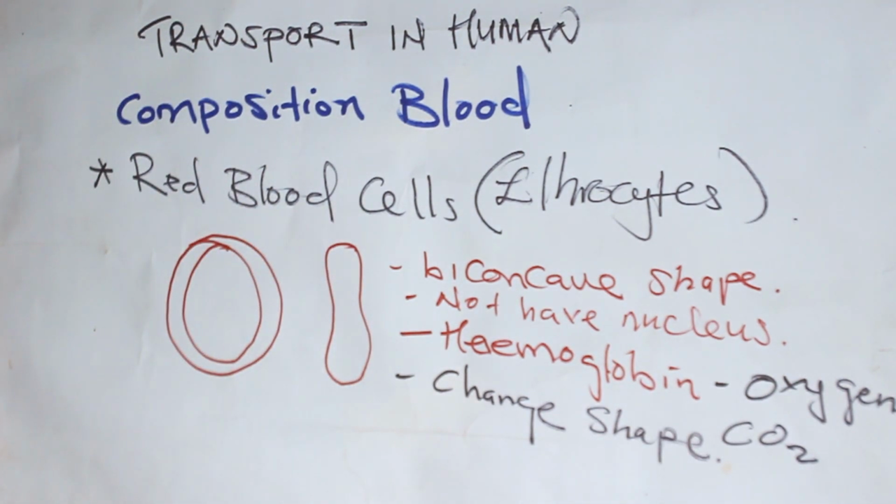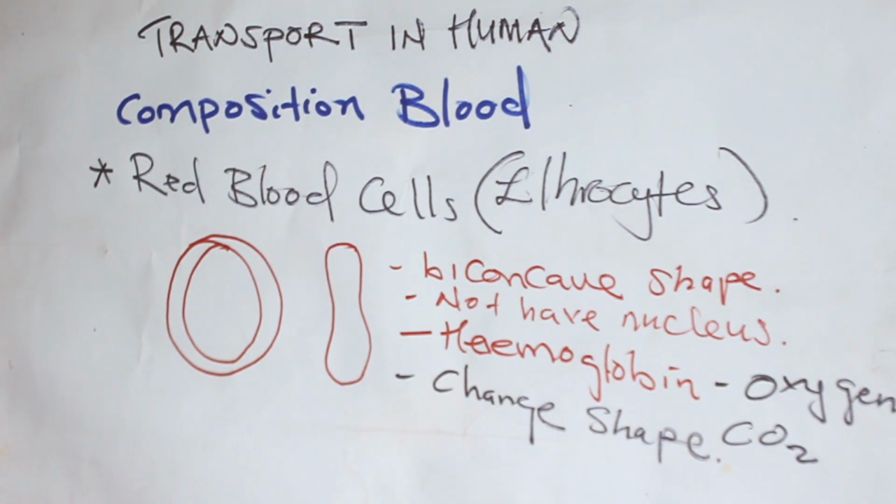Then another thing that you should know is that I've talked about the hemoglobin. I've said that the hemoglobin in the plasma is readily formed. So it forms the oxyhemoglobin with oxygen.